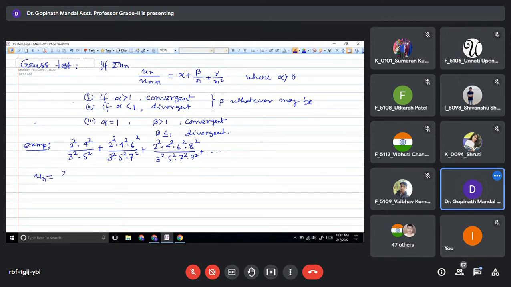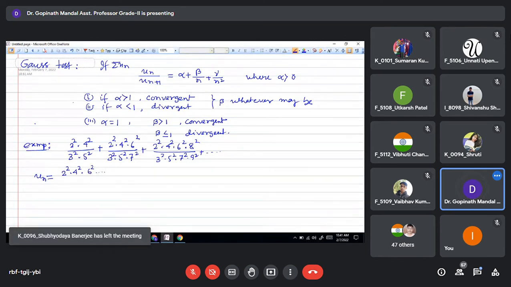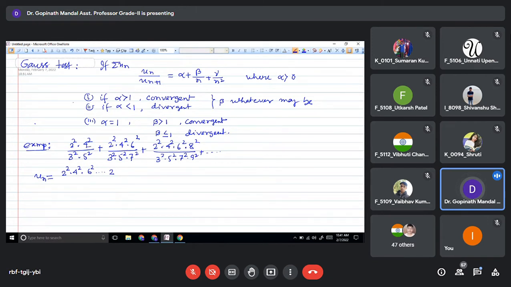Un is this series, 2 square, 4 square, 6 square. So un will be, the last term being 2n, 2n plus 2 square by 3 square, 5 square, 7 square, up to 2n plus 1 square.